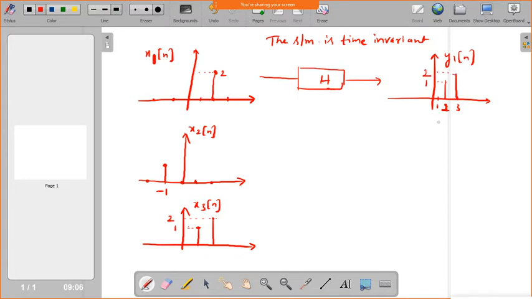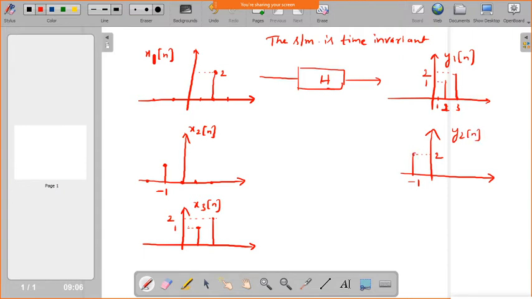Similarly, y2 of n is also given: at -1 the value is 2. So this is your y2 of n.